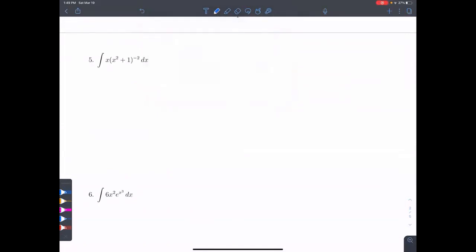Number 5, the inside function u is x squared plus 1. Du is 2x dx. I have this is equal to the integral of (x squared plus 1) to the negative 2, times x dx. So notice I have an x dx.